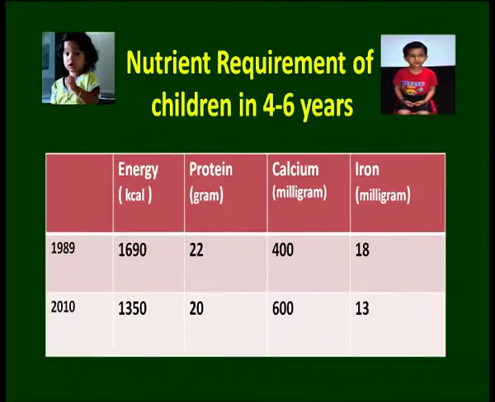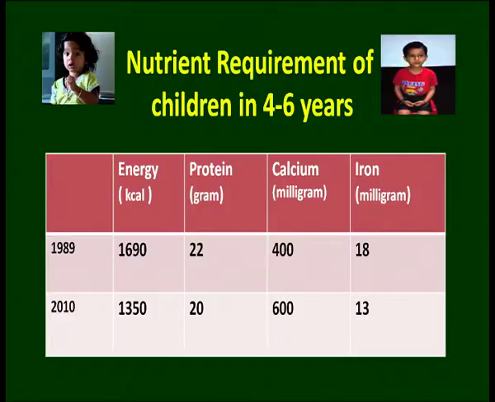We are also talking about the children between 4 to 6 years. You can see how much energy they require, how much protein they require. And in calcium, initially they were only 400 milligram and the recent requirement is 600 milligram. Of course, there are various scientific reasons and studies have proved the changes in the requirement.